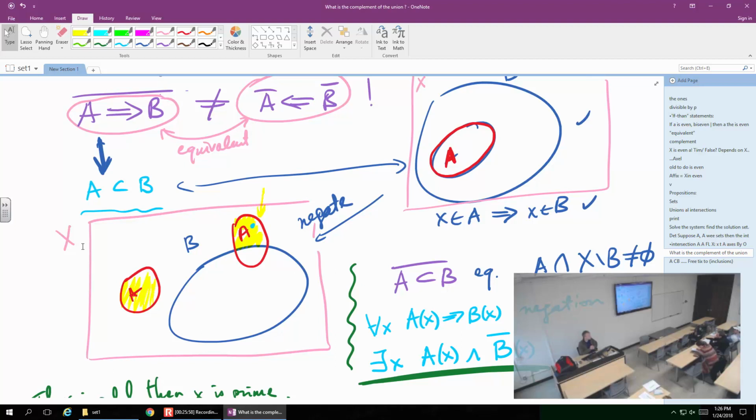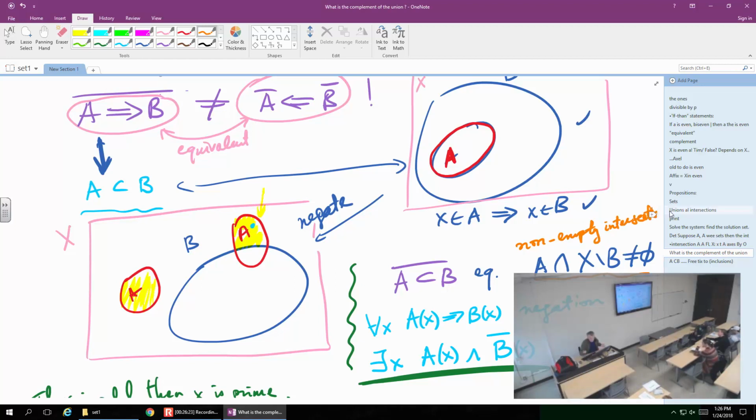There is an element of A that is simultaneously not in B. Say it again: there exists an x in A that is simultaneously not in B. Right. The standard way to say it is that this is a non-empty intersection.